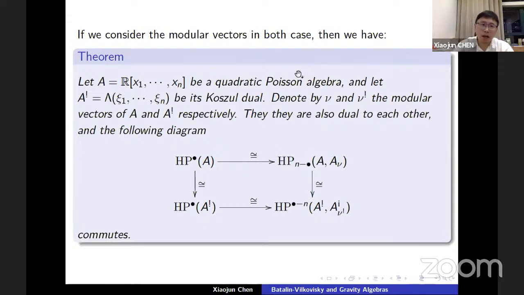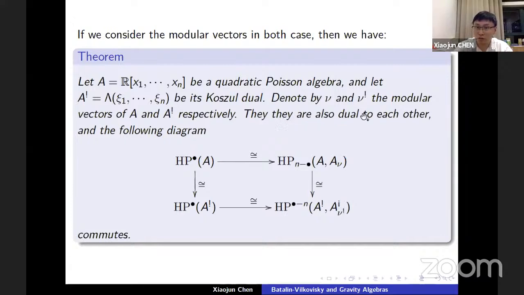But now we are more interested, as I said, in this twisted version. So the theorem is: suppose A is a quadratic Poisson algebra and let A^! be its Koszul dual, and denote by nu_A and nu_{A^!} the modular vectors of A and A^! respectively.